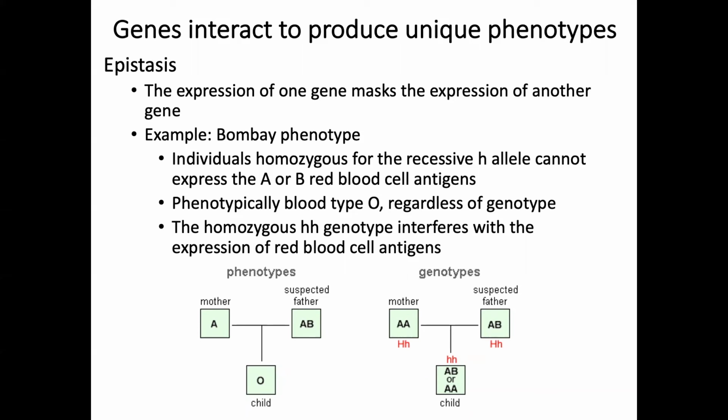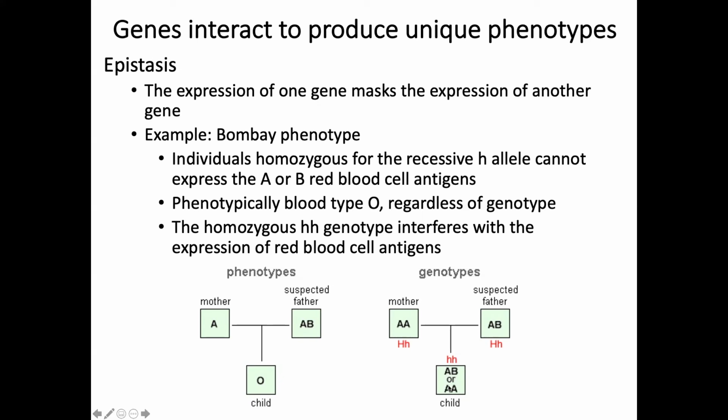Then what happened is that we know the blood types are phenotypes. How about their genotypes? Interestingly, the child's genotype is not small i small i as it usually is supposed to be. Instead, it's a big A or big B. For example, it can be AA as well.